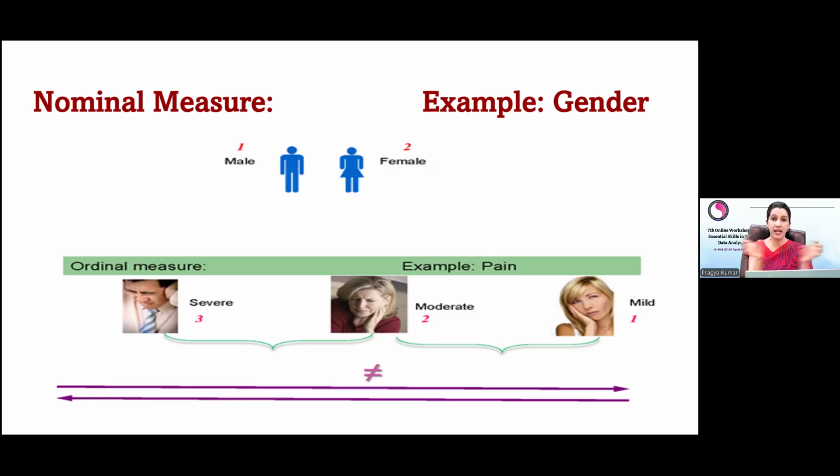There you cannot say what the distance is, that the distance between highly agree and agree is the same as between highly disagree and neutral. That's why we say these are ordinal scales, where if you increase the numbers, the measurement value in subjective terms will definitely be higher. But you cannot say that the difference between mild and moderate is the same as between moderate and severe. This measurement scale is known as the ordinal scale. Pain is one classical example.